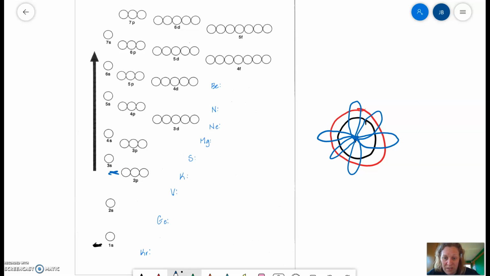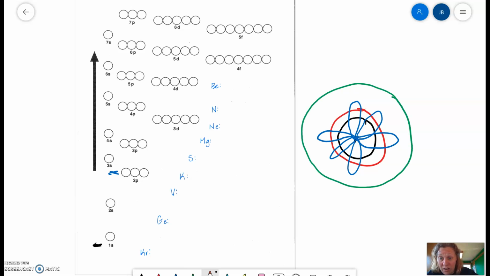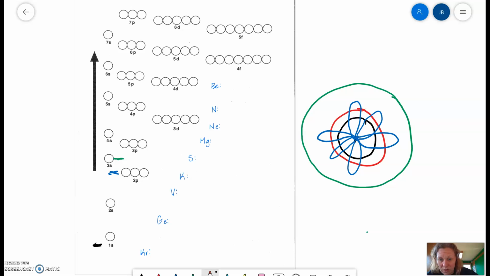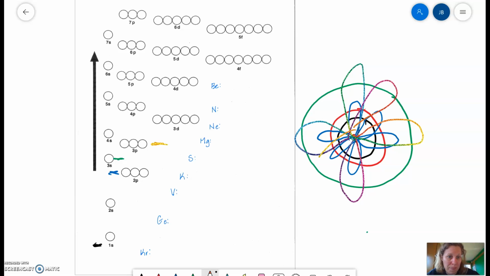Then there's 3s, just a little bit bigger, and 3p is going to be this rainbow. The 3p's are slightly bigger. That looks crazy, so we'll stop at 3p.